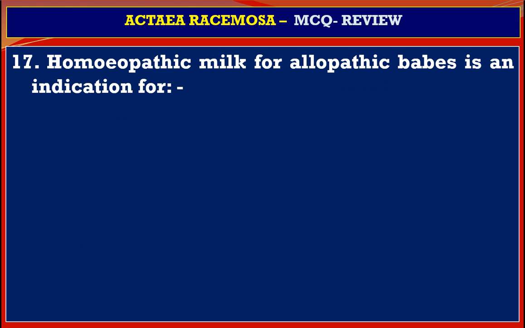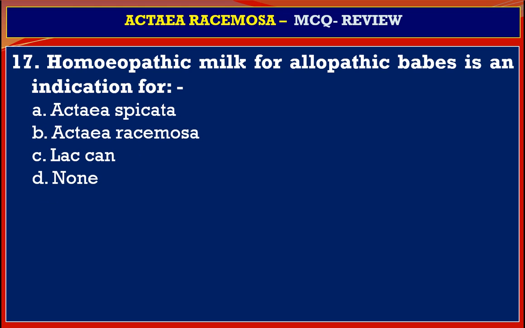17th MCQ is homeopathic milk for allopathic babes is an indication for A. Actaea spicata, B. Actaea racemosa, C. Lac can, and D. none of above.